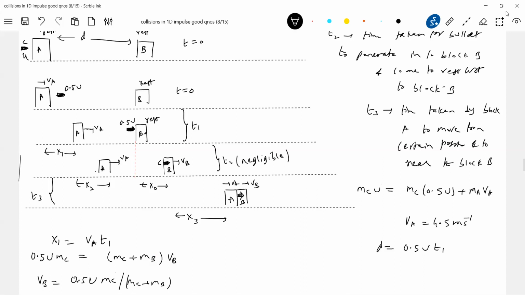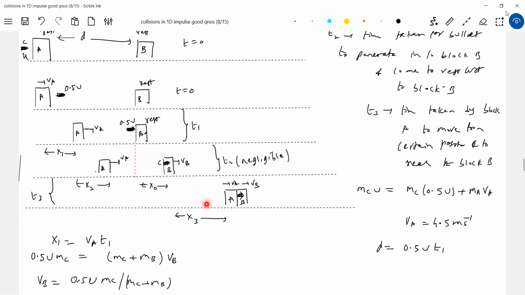Now the trouble starts. How to calculate that x naught? So what do we know? We know d. How much will block A move to come and collide with block B? It will cover a distance d, then a distance x naught and also x3.